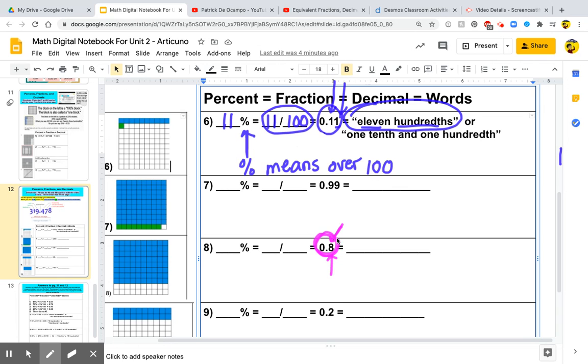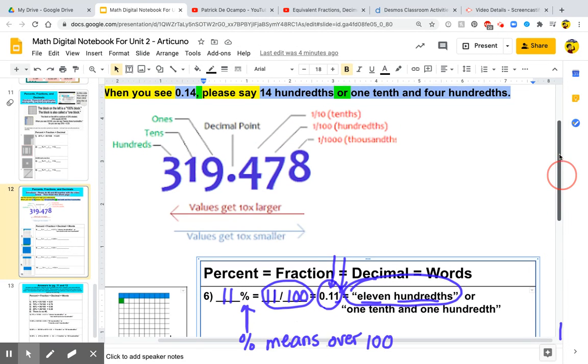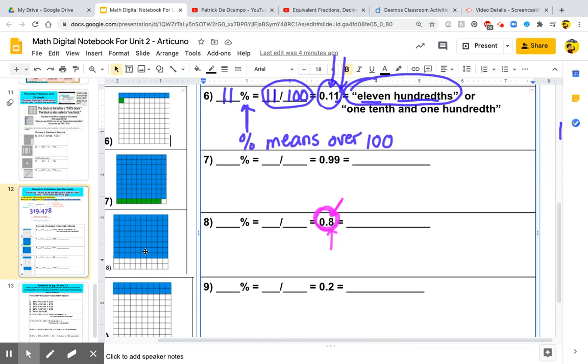The last digit is an 8. Where is that 8? In other words, what place is that 8 in? Well, you can scroll up here. Oh, it's in the tens place because it's right after the decimal. So wait, how do we say it? Well, we say 8 tenths.